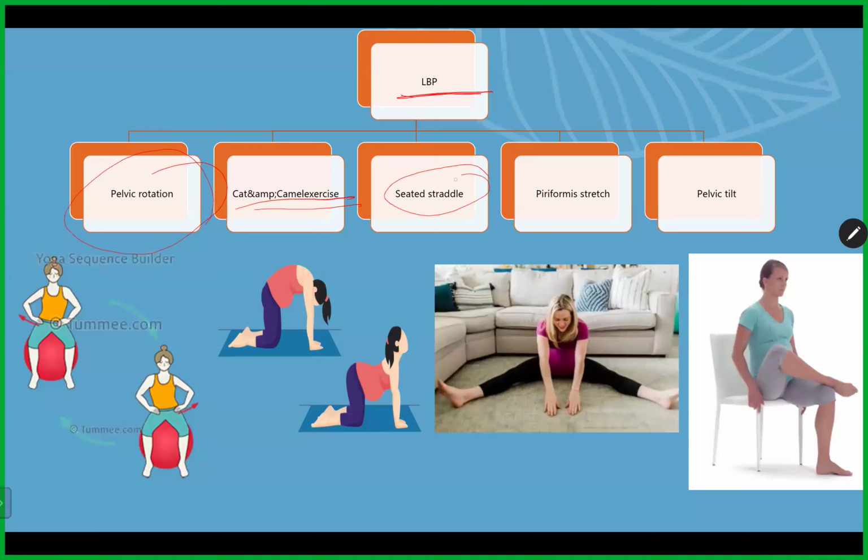Seated straddle exercise. I hope you're aware of seated straddle. No, ma'am. Okay, seated straddle is basically in this position, like you saw, right? They're keeping the legs apart and doing the movement in that legs-apart position. Actually, in this position they lift both their legs up.